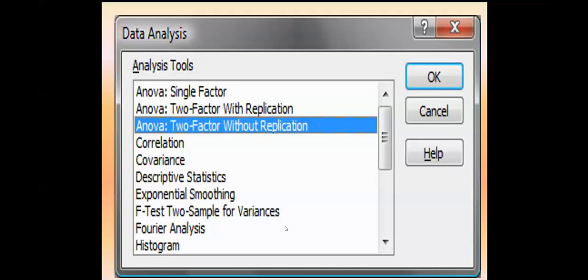And it is also quite easy. Here in this case also, you go to the data analysis. Now this data analysis shows single factor, that is one-way ANOVA, then 2-factor with replication, then 2-factor without replication. So we are going to learn 2-factor without replication.